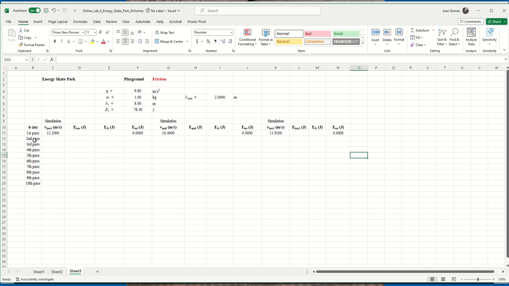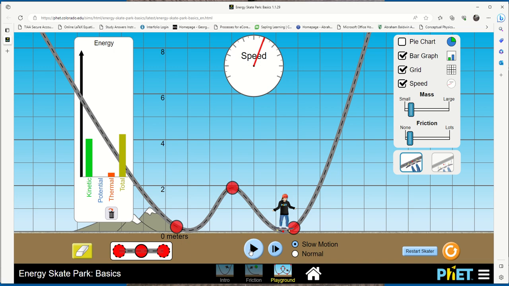Now then, to get the values for the second pass, you don't reset the simulation. Just hit play. Because right now, I'm on my first pass. Hit play. Now here's the second pass. Now watch. Okay. Slow it. Pause it. This is going to be my second pass.